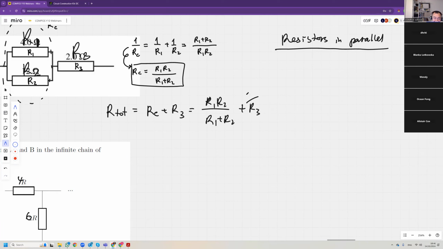You would multiply by R1 plus R2, so you would get (R1R2 plus R1R3 plus R2R3) divided by (R1 plus R2). I don't see why anyone would do this, but you can do it. Just because you can doesn't mean you need to do it.